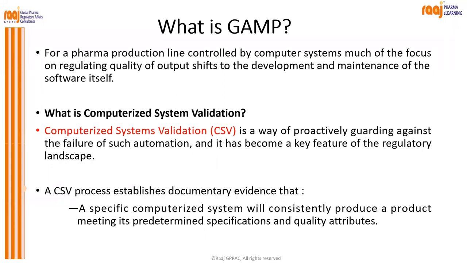But if you forget to calibrate, or if the system is computerized and you forget to go for the CSV, computer system validation, the output coming out of that balance will not be acceptable to any health authority. That's the reason the weighing balance is also very critical, and if it is computerized, then it is more critical.